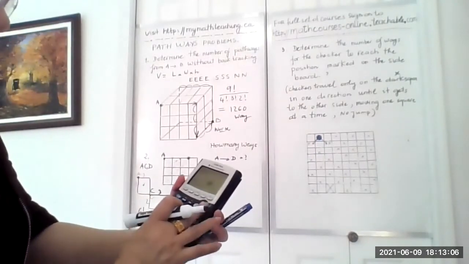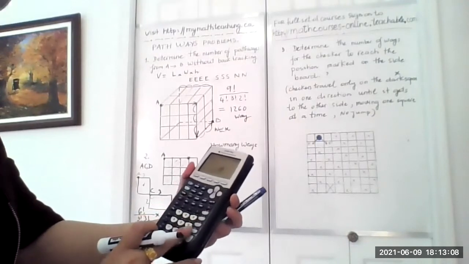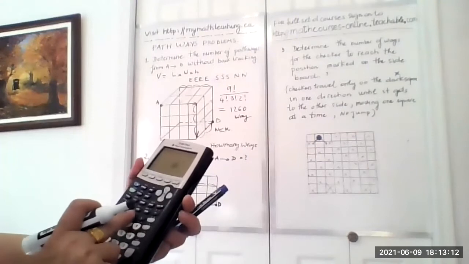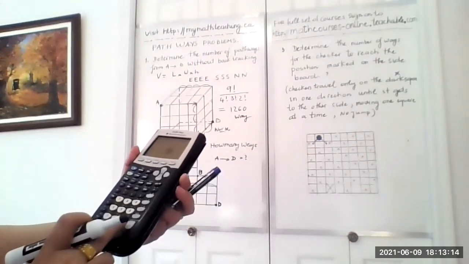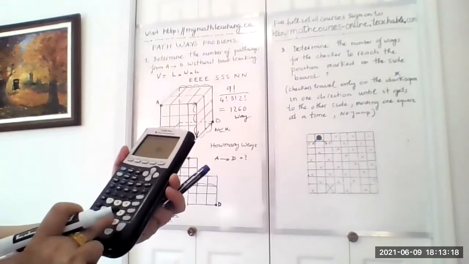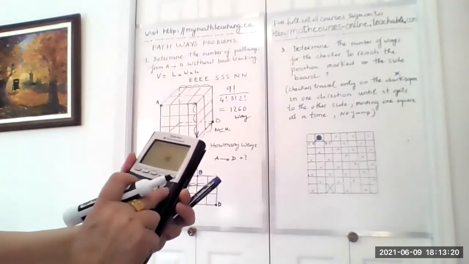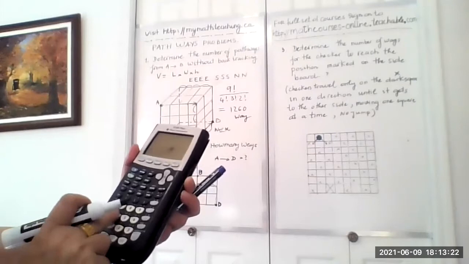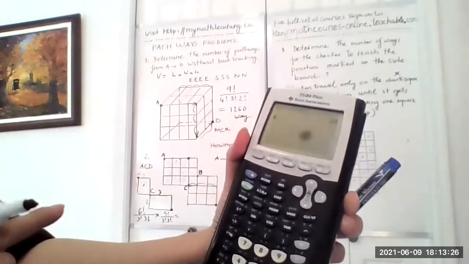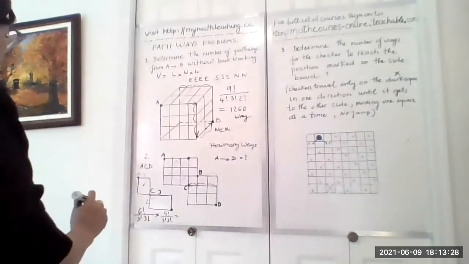So 6 factorial, 4 divided by 3 factorial times 3 factorial, and let me enter it. You get 20.